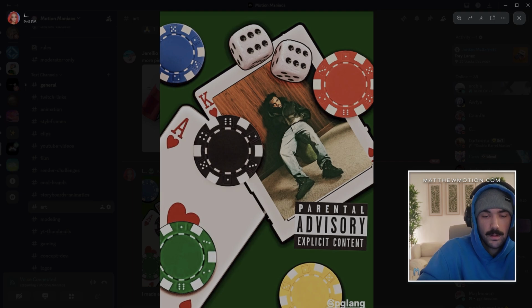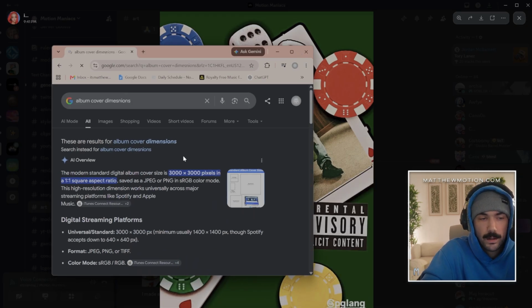Okay, cool. So the first thing that I noticed, right? Let me pull this to the side. Let me just look something up: album cover dimensions. I don't know if you know this, but album covers are in the 1:1 square aspect ratio.